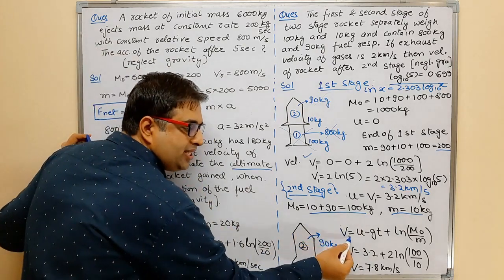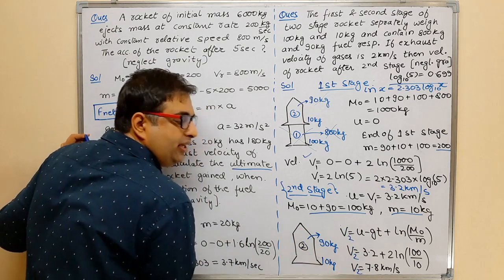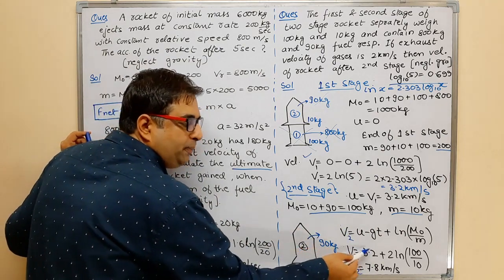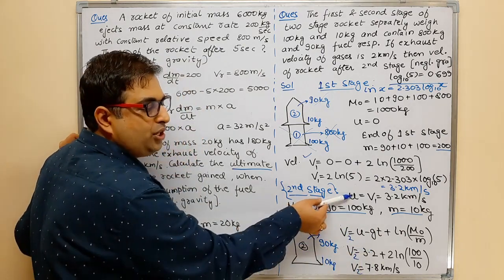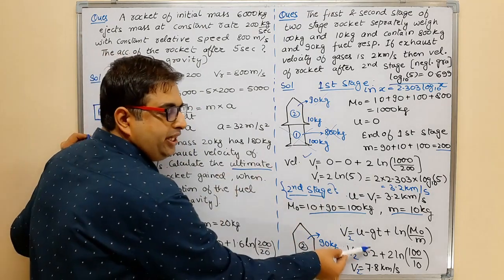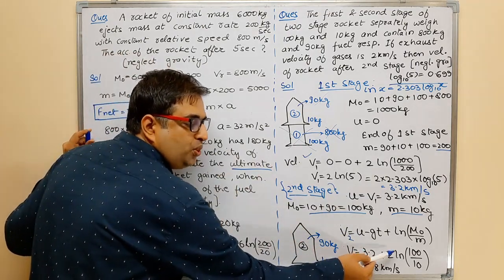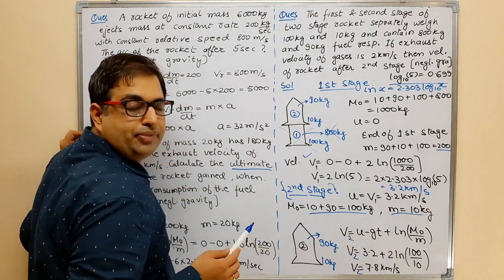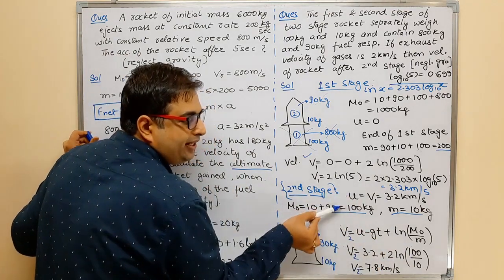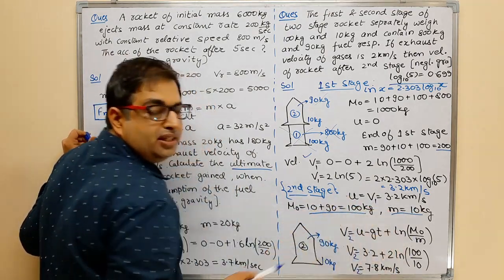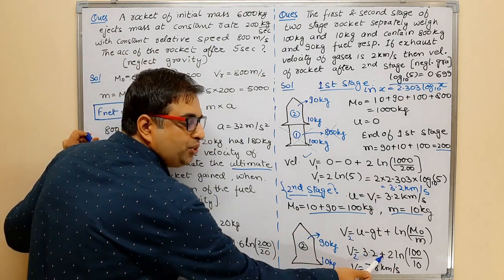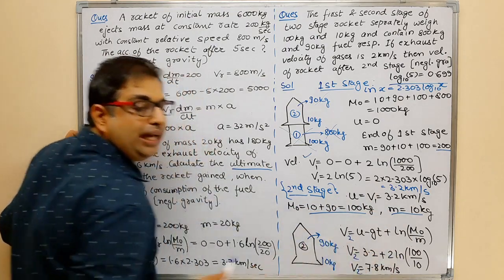For second stage, V2 equal to 3.2, that is the initial velocity for stage 2. g is 0, so plus 2 ln m0 divided by m. And m0 is 100, m is 10, so we will get 3.2 plus 2 into ln 10.